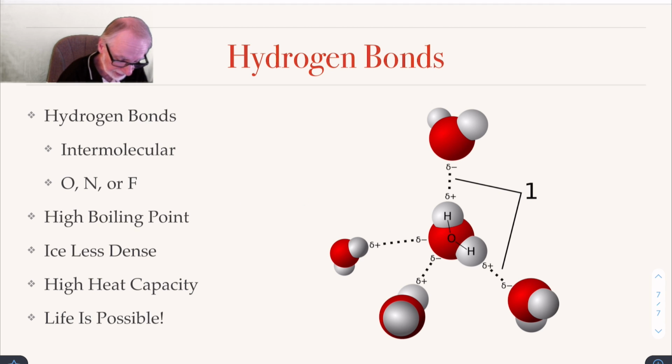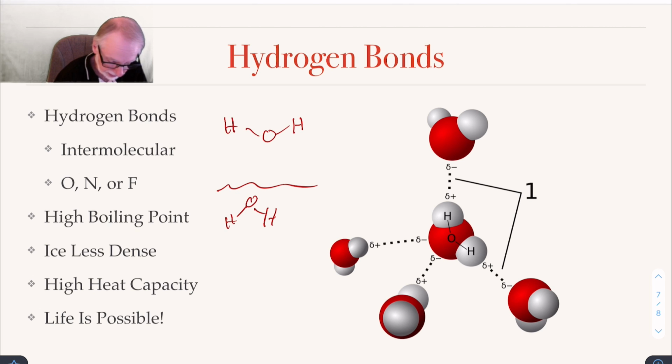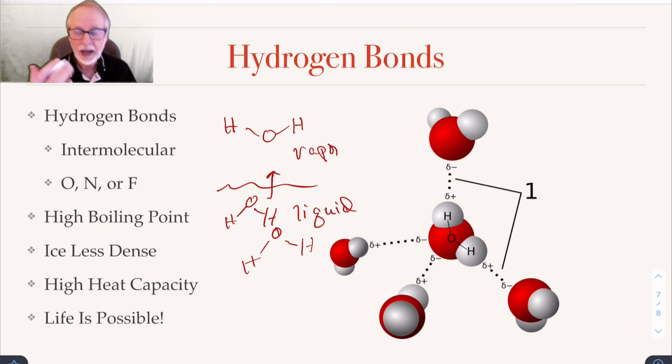So if we think about water molecules here in the liquid phase and out here in the vapor phase, so here's our liquid, and here's our vapor. The water molecules within the liquid, in order to escape into the vapor, have to overcome interactions with other water molecules. And so energy has to be put into it to overcome those interactions to go from liquid to vapor.